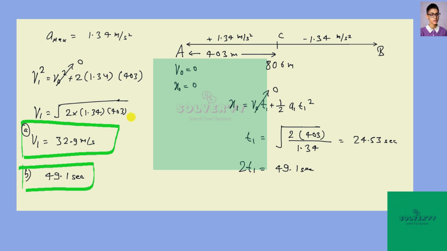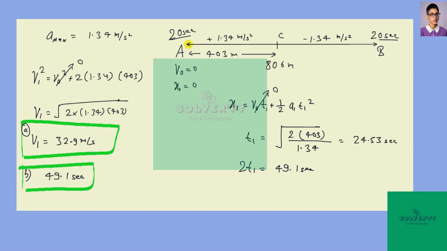In part C, we are given that the subway train stops for 20 seconds at each station. What is the maximum average speed of the train from one startup to the next? That means at point A there is a 20-second halt, and at point B we again have a 20-second halt.